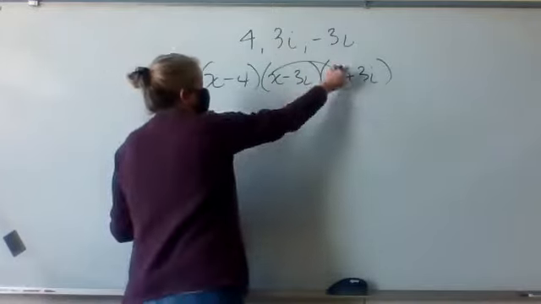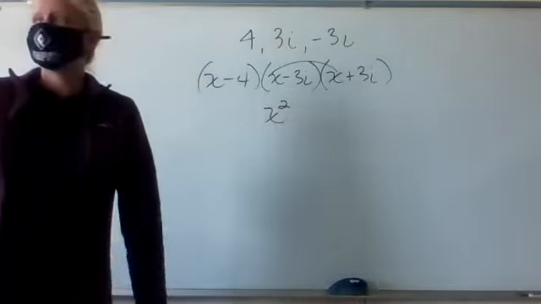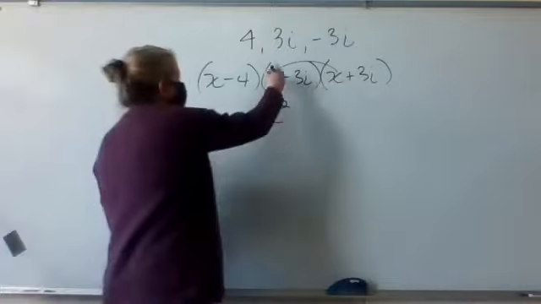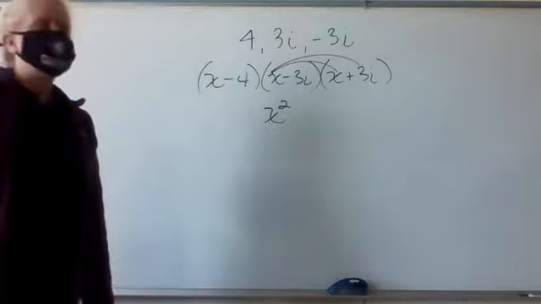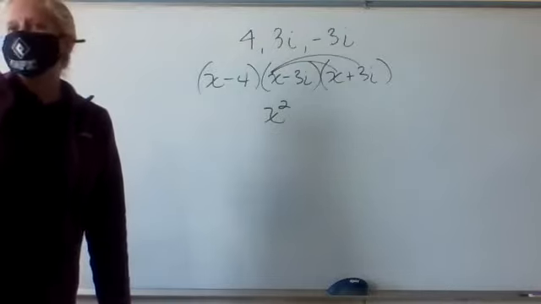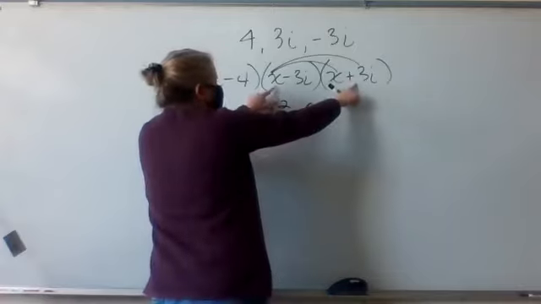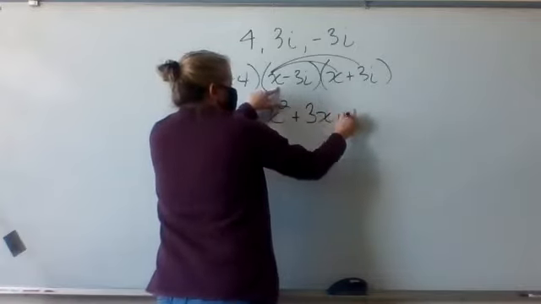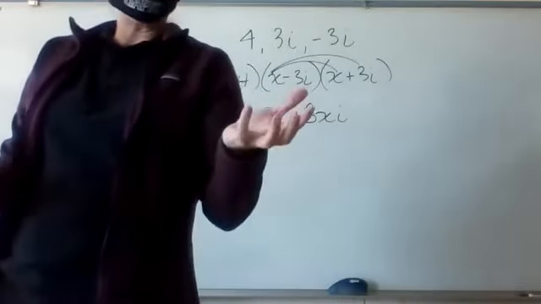So my first, x times x is x squared. My outer, x times positive 3i. I'm going to write that as positive 3, putting the x first because the i is not just a random variable like an x is.